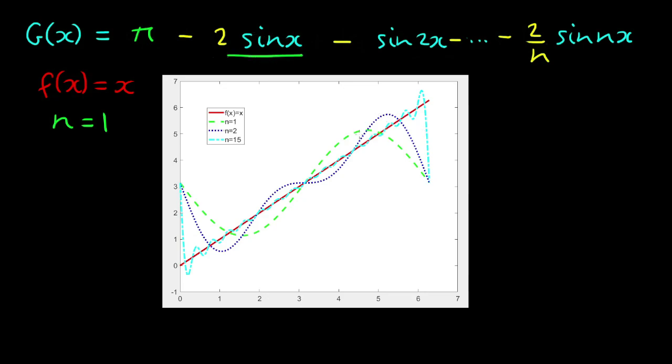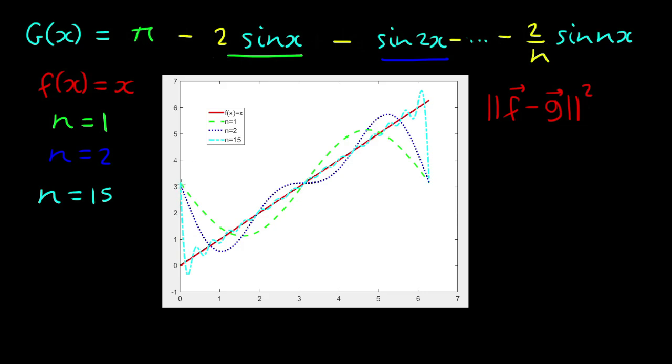And then in dark blue here, we have n equals 2. So that includes another term. And then we have a trig polynomial of order 15. So as we can see, the more terms we include in a polynomial, the better our approximation is. And the smaller the mean squared error or least squares error will be.